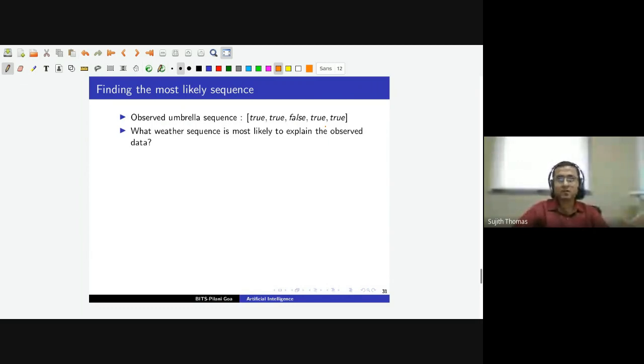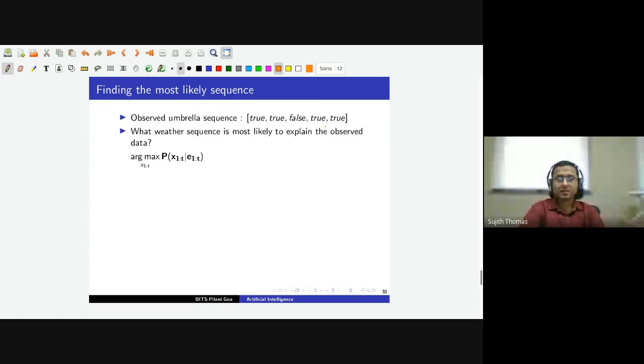So basically, we have a sequence of evidence variables, the values of the evidence variables, and we want to find out what is the best sequence of the hidden variables that can explain the observed data.